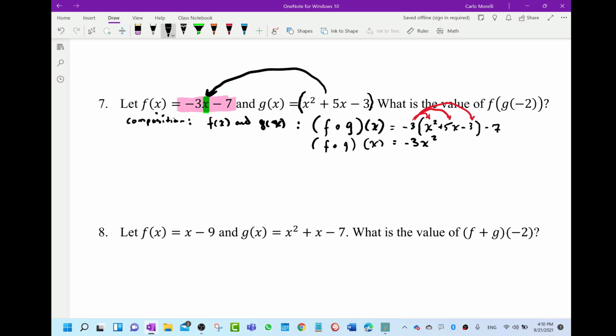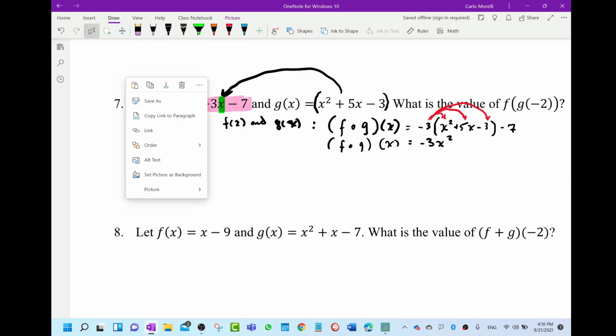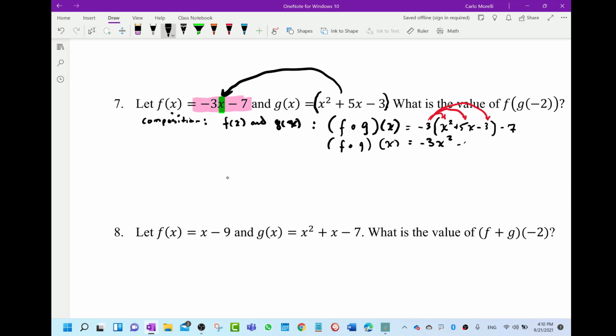Okay, and you can tell them I said that. So now negative 3 times 5x, that's going to be negative 15x. That is called cheating, a shortcut, plugging it in. It's not mathematics. Now you got negative 3 times negative 3. That's positive 9 minus 7.